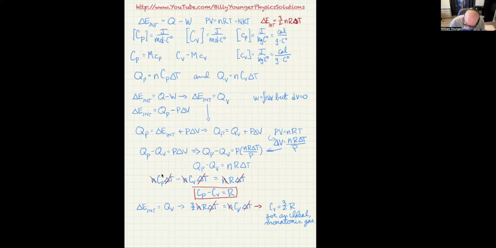Okay, so that's another important result for us. And we could, of course, just plug that into CP minus CV equals R, and I think you would all conclude that CP would obviously be equal to 5 halves R. But I'm not going to do that. I'm going to show you that if we calculate it the same way we did here, we will also get CP equal to 5 halves R.